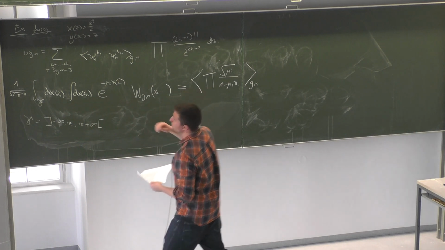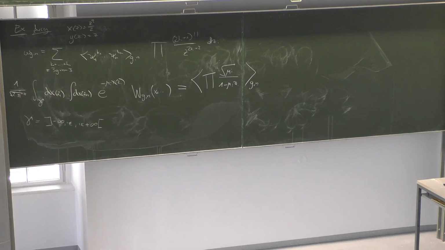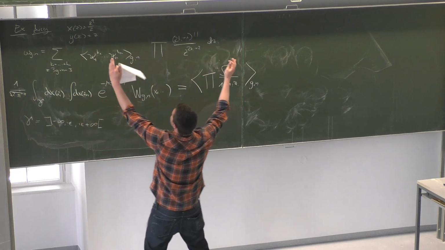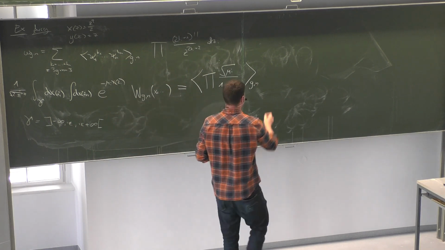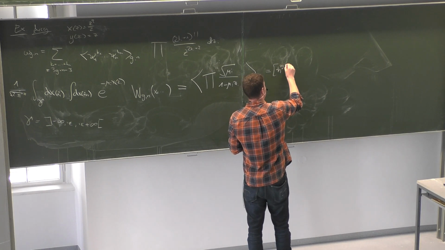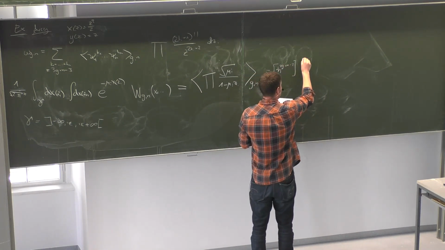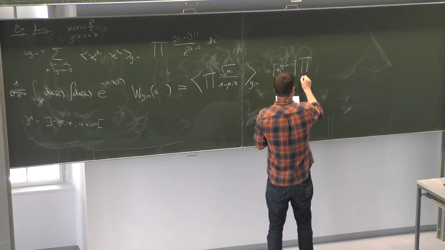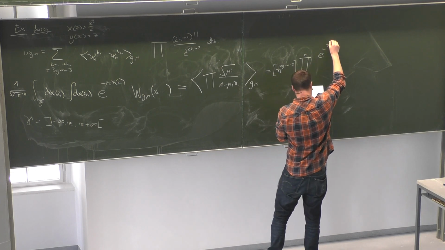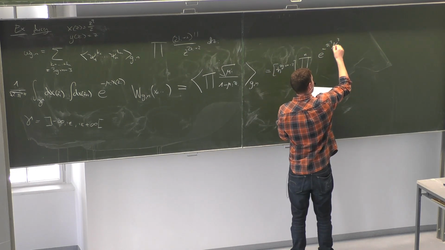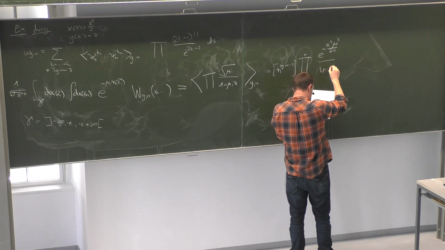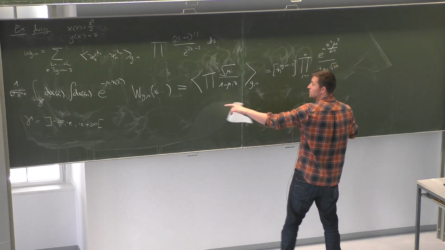And on the other hand, if we apply the Laplace transform of this formula and insert it, also wrap everything together in an exponential, this gives us h bar to the 2g plus n minus 2, product over i from 1 to n of e to the minus h bar 2 mu_i cubed over 24, h bar mu_i over 2 pi, which cancels.